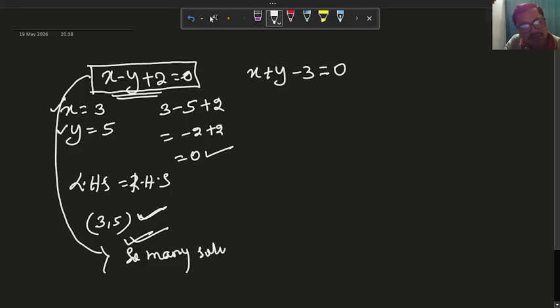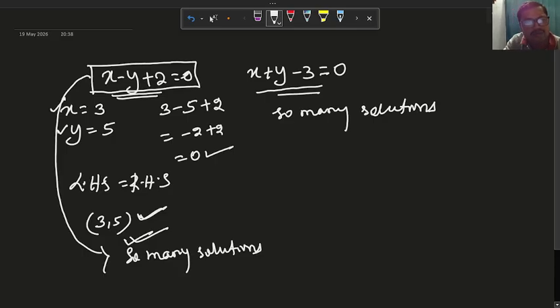Why? Because there are so many points present on it. In the same way, x plus y minus 3 has so many solutions, because so many points are present on the x plus y minus 3 equal to 0 line.